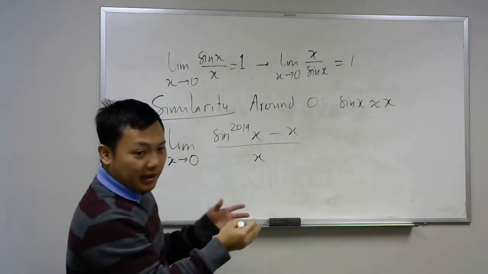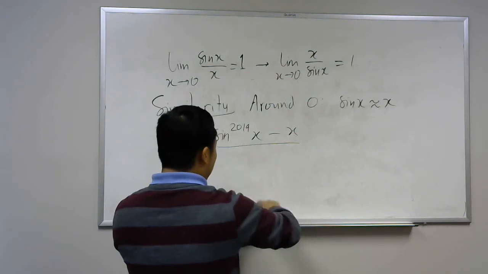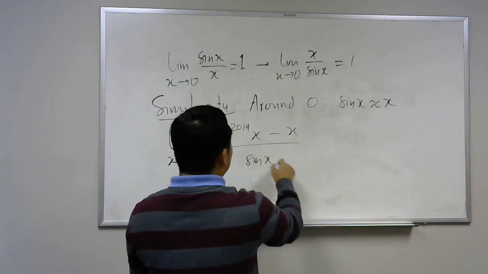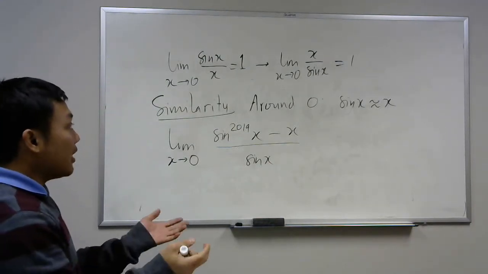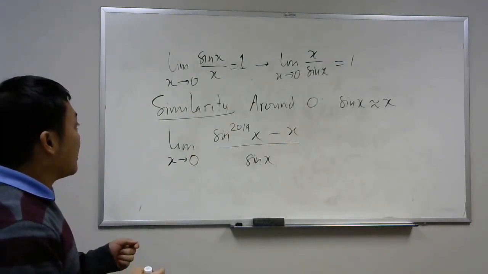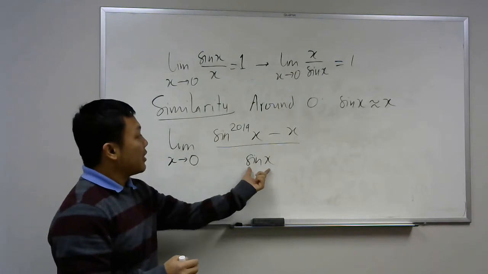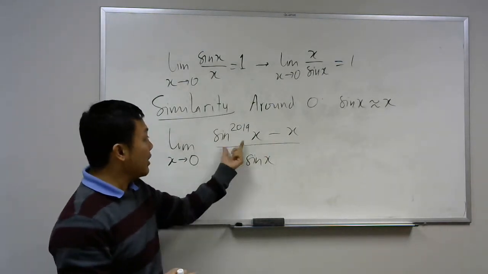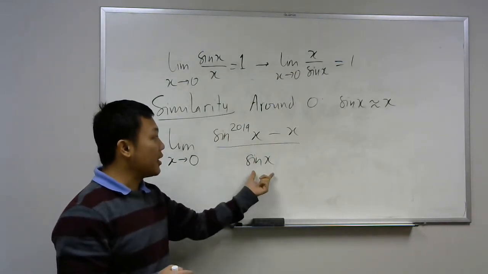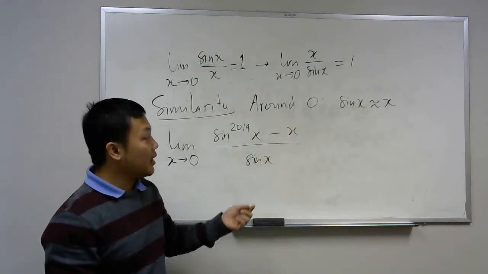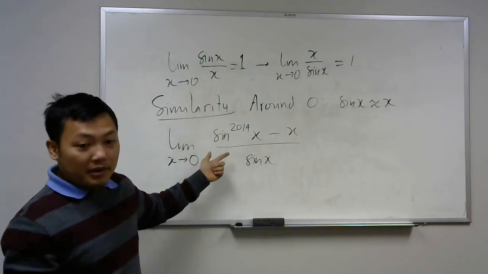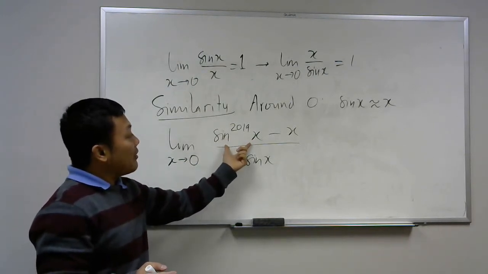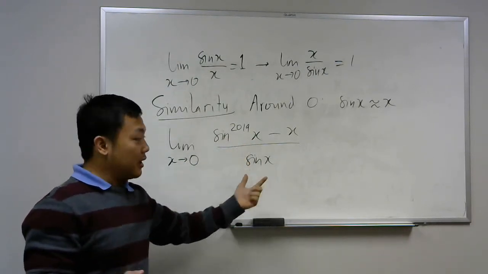Or maybe you can make it more complicated. Usually you might separate this term with this term, and this term with this term, right? You get sine of x to the 2019 over x, and x over x. Let's do it with similarity at 0. Sine of x is similar to x. I will replace sine of x with x.